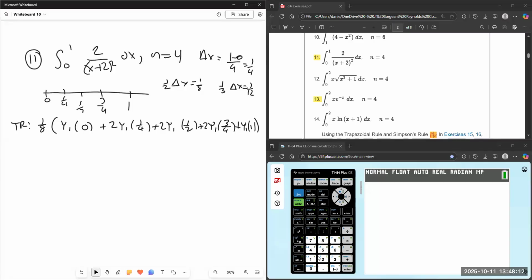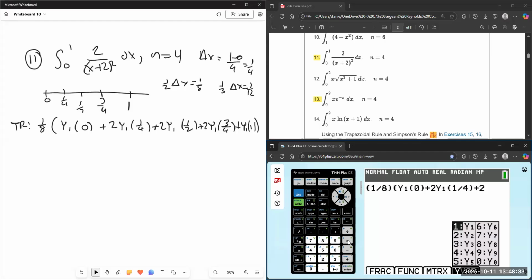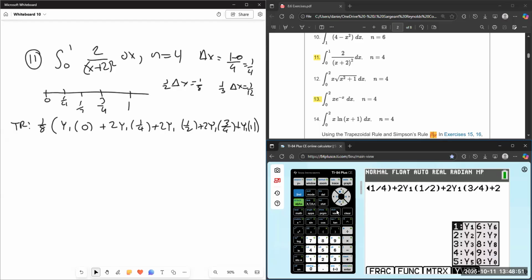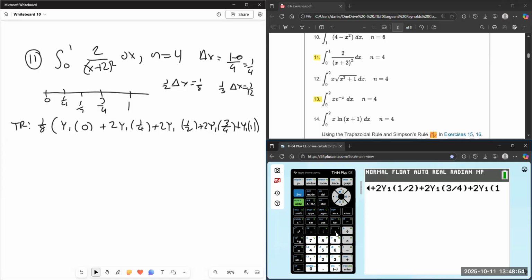So we have 1/8 of y1 of 0 plus 2 y1 of a quarter plus 2 y1 of a half plus 2 times y1 of 3/4 plus 2 times y1 of 1. It's going to be approximately 0.3629.